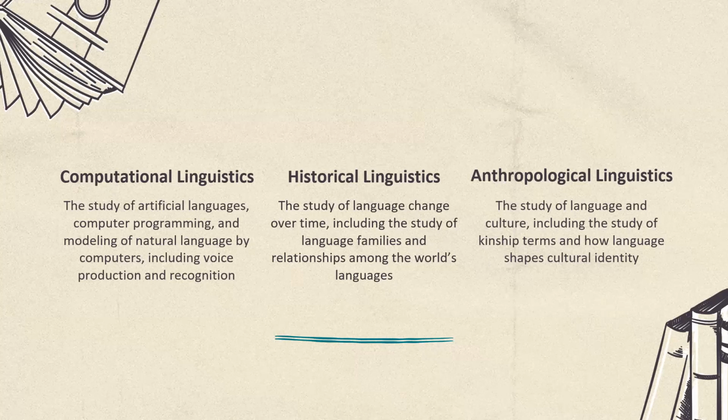We call Italian and Spanish the Romance languages, and English and these other languages came from the Latin language, which is the original root. So this is the specialization of historical linguistics. We study these things and how language changes over time.